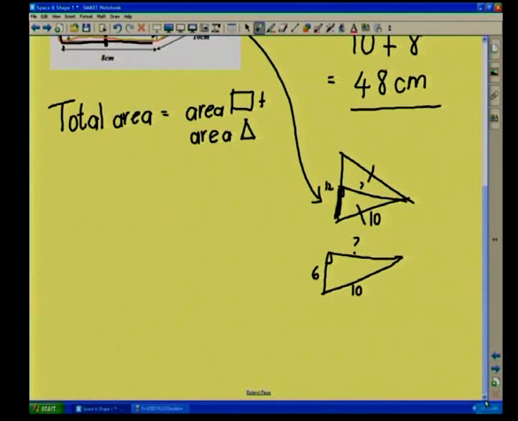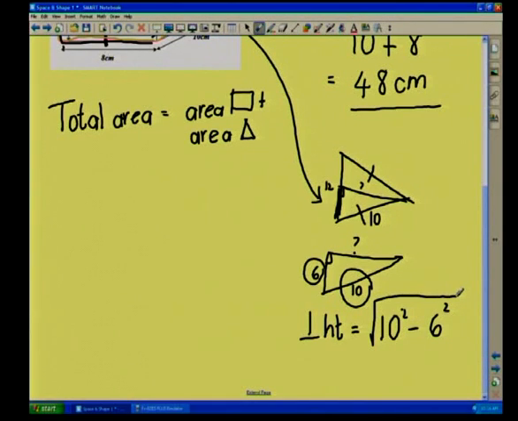So we know that our perpendicular height is going to be equal to my hypotenuse, which in this case is 10, squared, remember, take away because we are finding a short side, and that's 6 squared, and we're going to square root it all to find out what my perpendicular height is.